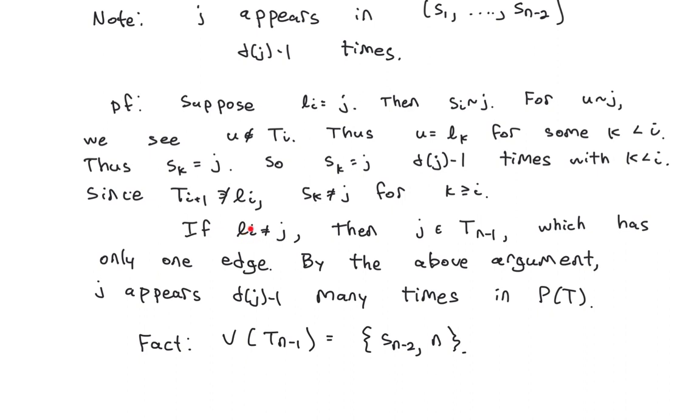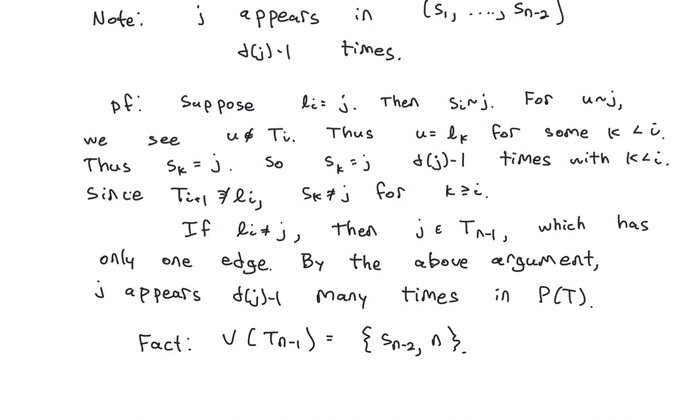If J is never a leaf of any of the trees, is not the smallest label leaf of any of the trees, then it ends up being in the last tree, which, as we've discussed, only has one edge. By the same argument, all of its neighbors had to have been deleted, and so J has to have appeared d(J) minus 1 many times in P(T), with that one remaining edge that's not being counted being this last edge.